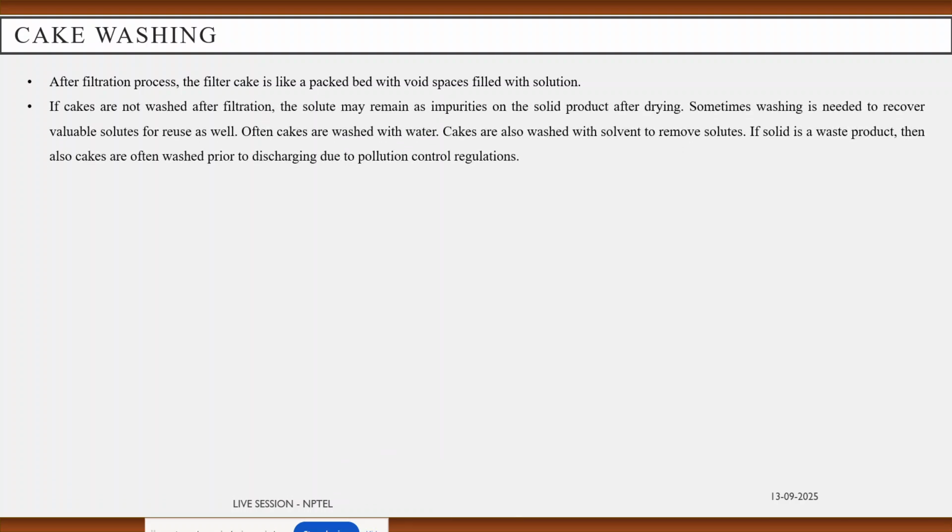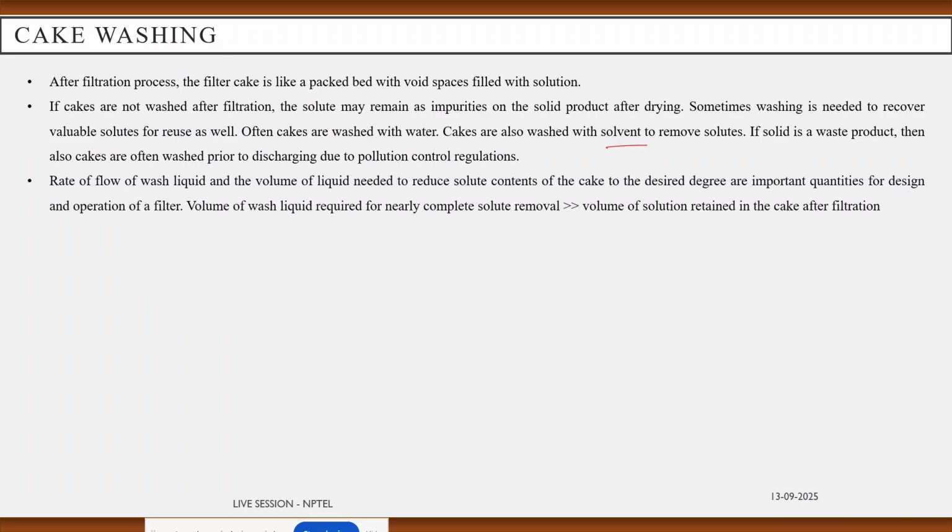If the cakes are not washed after filtration, solute may be retained as an impurity, and sometimes washing is also required to recover valuable solute for reuse. Often cakes are washed with water. Otherwise they can be washed with a solvent, depending on the specific solutes to be removed. If the solids are a waste product, then they are not even washed.